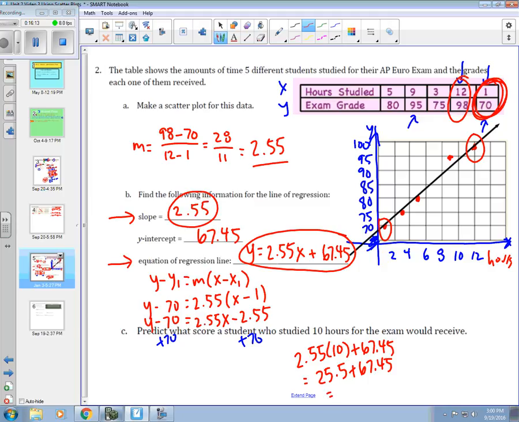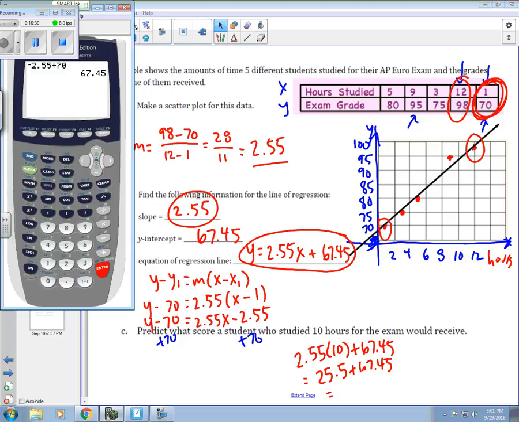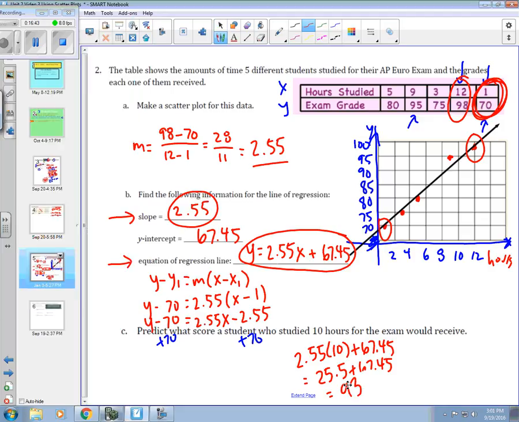Adding that up, you're going to get pretty close to 93. Let's double check that with the calculator. So we get 25.5 plus 67.45. Yep, looks like it's pretty close to a score of 93 would be the estimate that they would get.